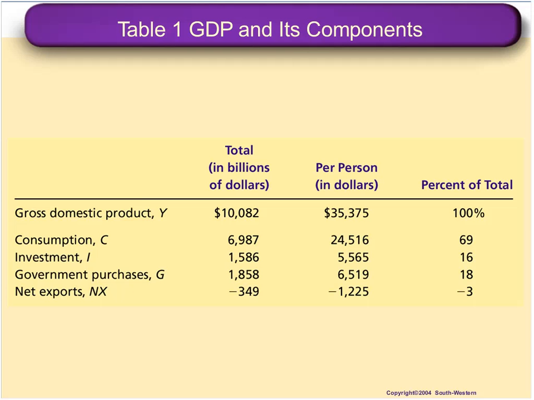So if we are talking about the GDP of, for example, the US, we are not talking only about American companies in the US. We're talking about all different nationalities acting on US soil. Their production will be part of the GDP of the US. So total in billions of dollars.